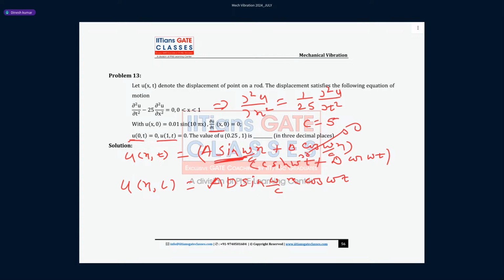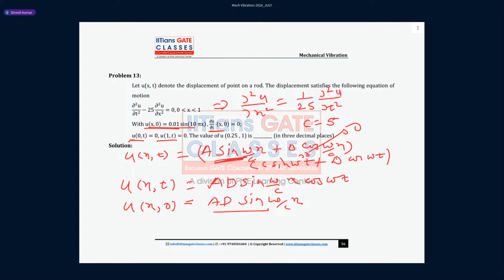Now in this problem you can see this is the first boundary condition, at t equal to 0. So you can substitute t equal to 0 in this equation. What do you find? u of x comma 0 is AD sine omega by c x, and cos 0 is 1.